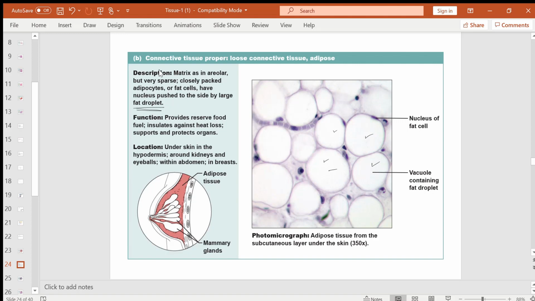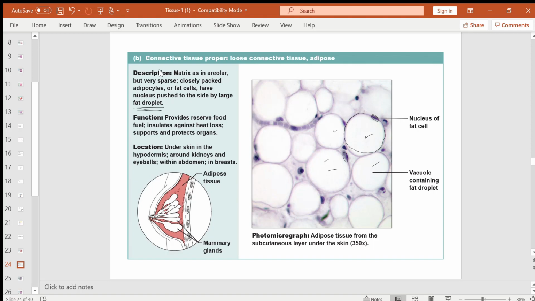Here you see, this is the nucleus, this is the cell. Okay, so nucleus is not in the center because the cell is mostly empty. There are some large fat droplets inside. However, the nucleus is not supported to stay in the center, gets attached to the membrane.